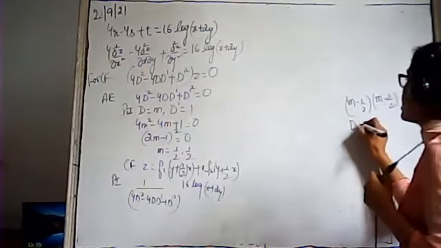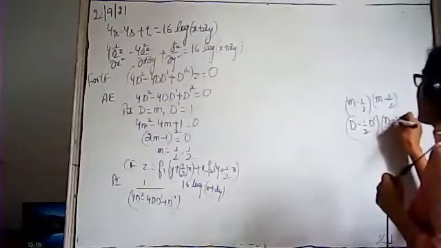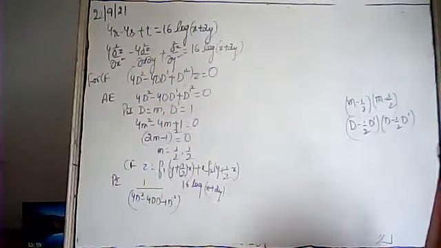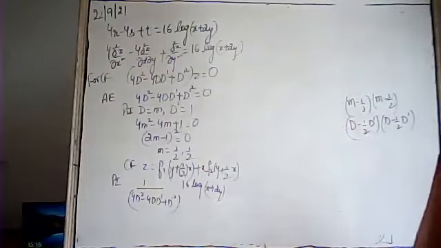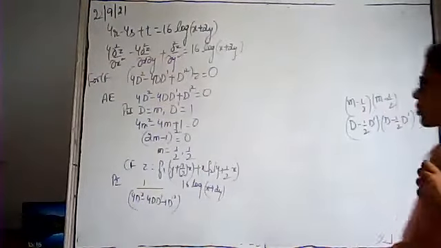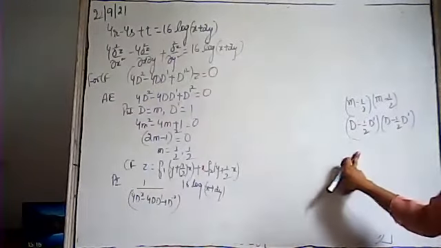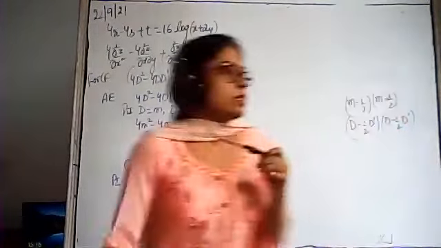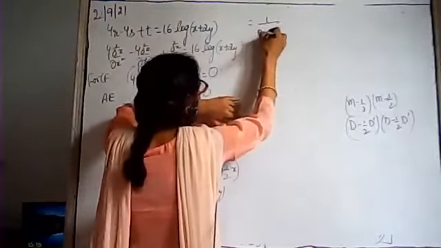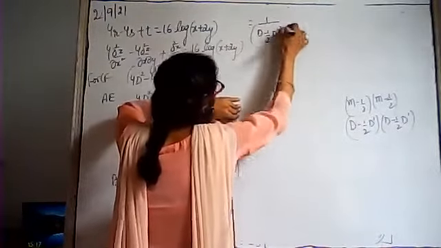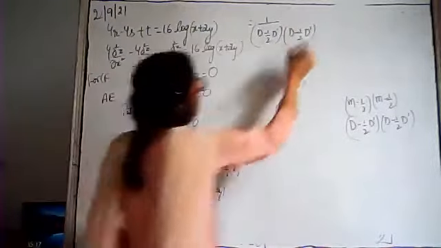In D and D dash, it will be (D minus 1 by 2 D dash) and (D minus 1 by 2 D dash). Don't take this 2 with D, because we want the form D minus m D dash, so D's coefficient must be 1. So let it be as it is, 1 by 2. So the particular integral will be 1 upon (D minus 1 by 2 D dash), again (D minus 1 by 2 D dash), into 16.